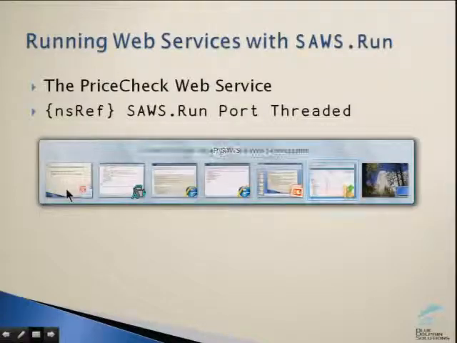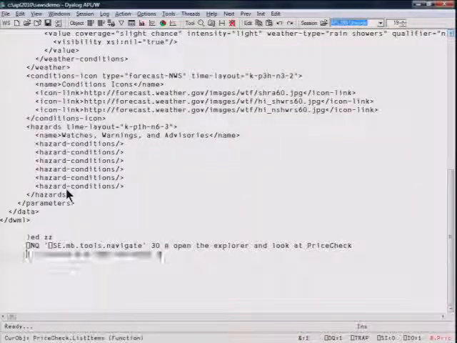So here I give it a namespace reference. The service is implemented in the namespace called price check. So I'm going to give it a namespace reference, saws run. 8080 is the port that I'm going to run it on. Now, why am I not running it on port 80? Does anybody know? It's already in use. I happen to run a web server on my machine here as well.